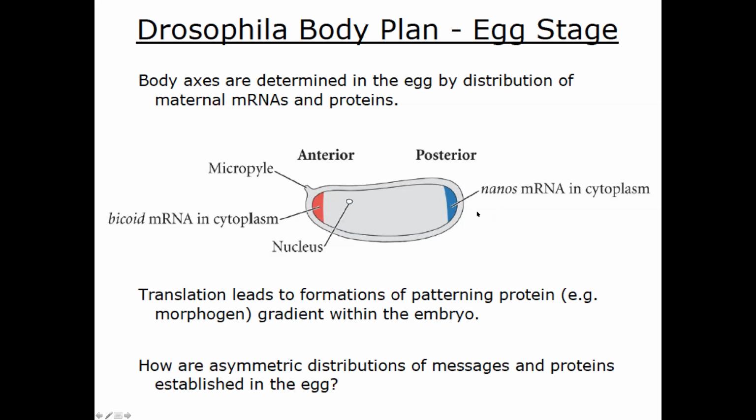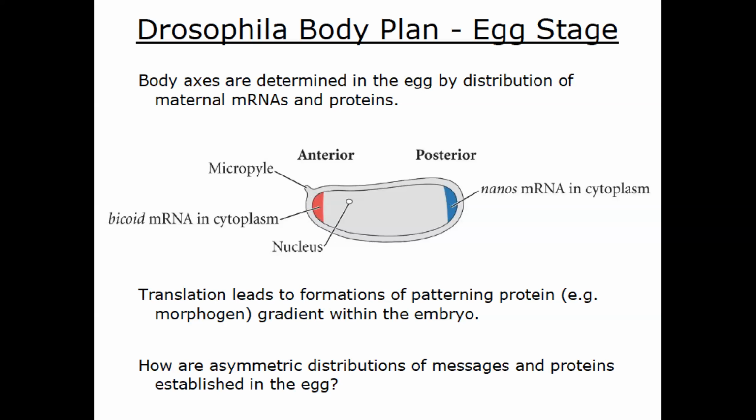Like bicoid and nanos are asymmetrically localized. Bicoid is asymmetrically localized by its transport into the anterior end, whereas nanos, although present throughout the embryo, gets asymmetrically localized by binding to OSCA mRNA.